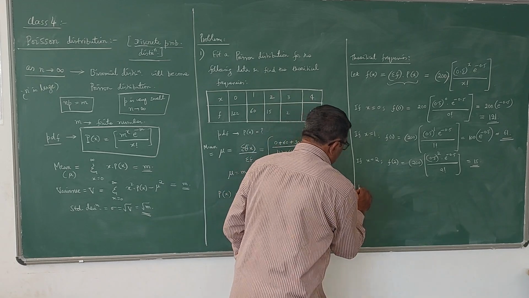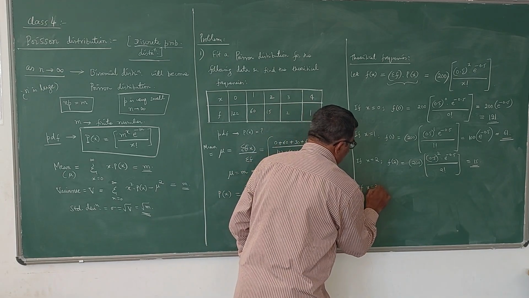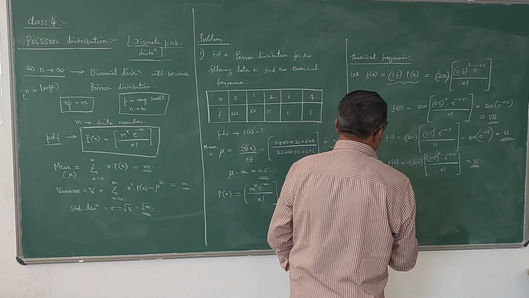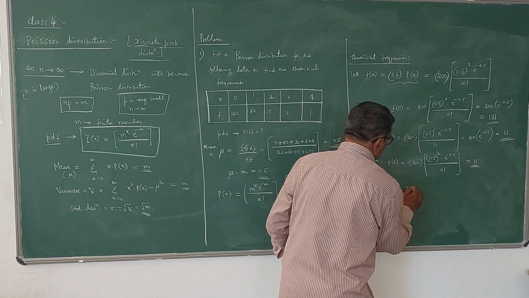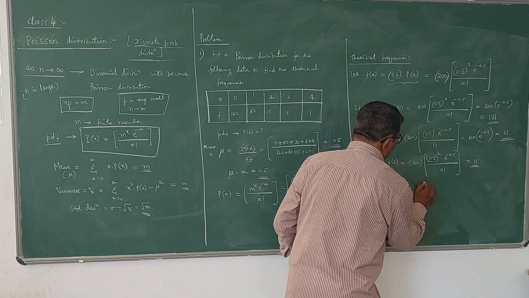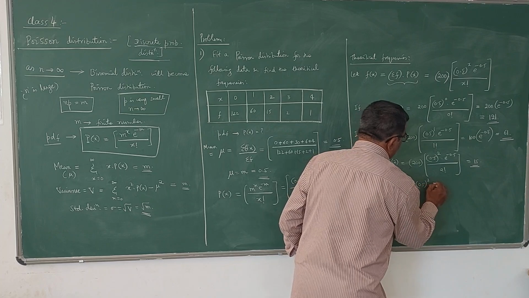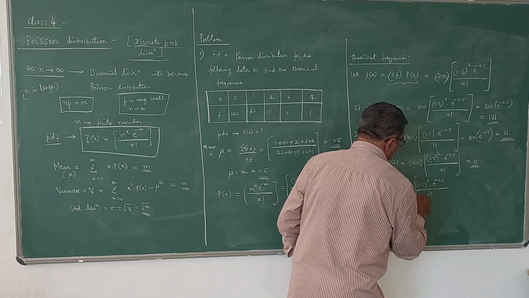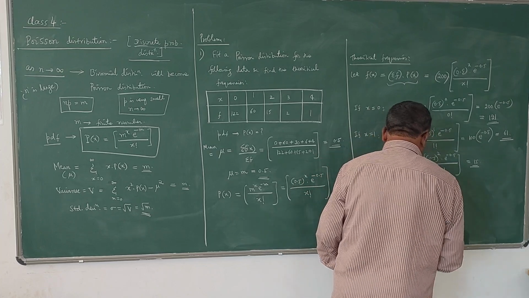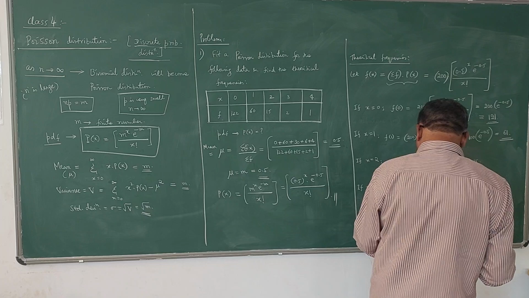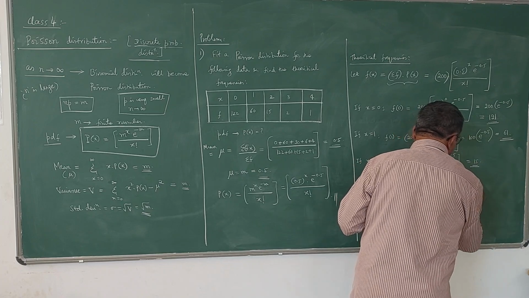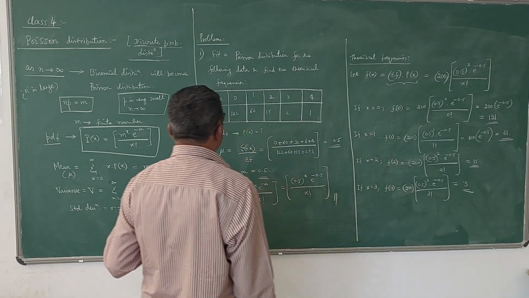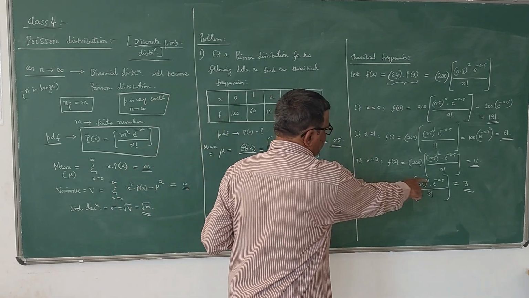If x is equal to 3, f of 3, so 200 into 0.5 to the power 3 into e to the power of minus 0.5 divided by 3 factorial. If you simplify this, you are going to get 3. So observed frequency is 2, theoretical frequency is 3.